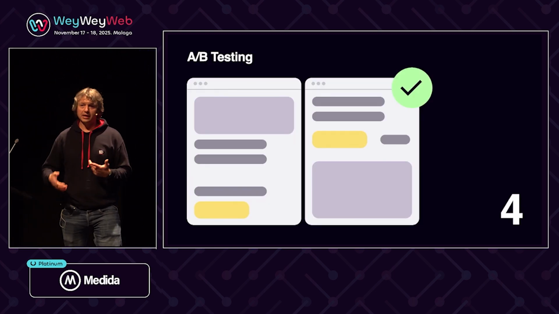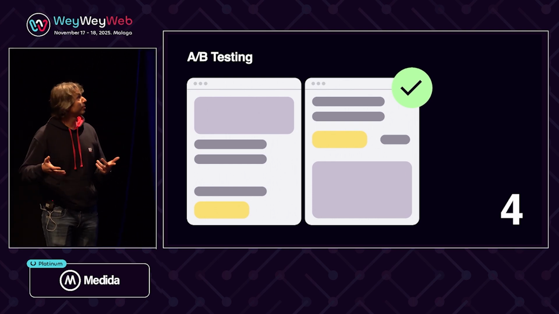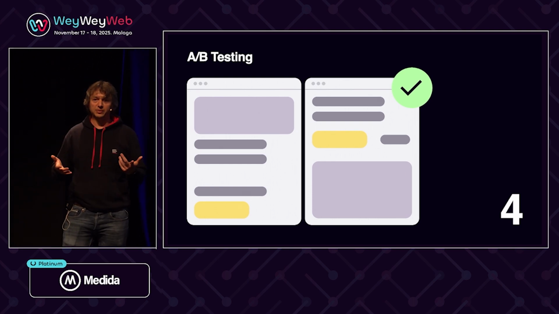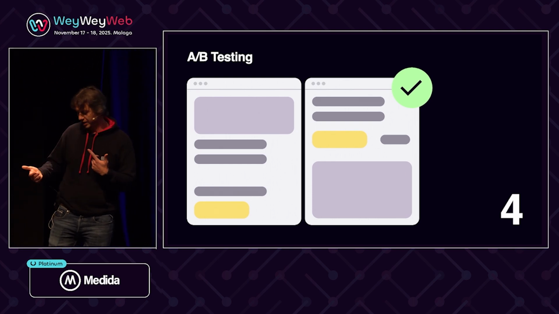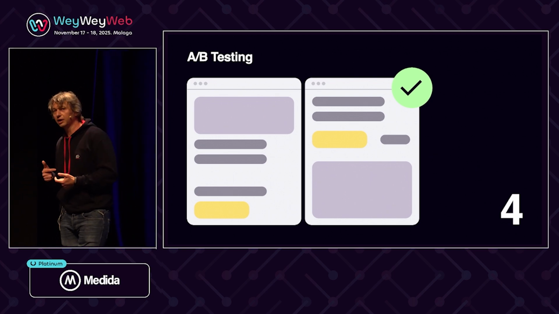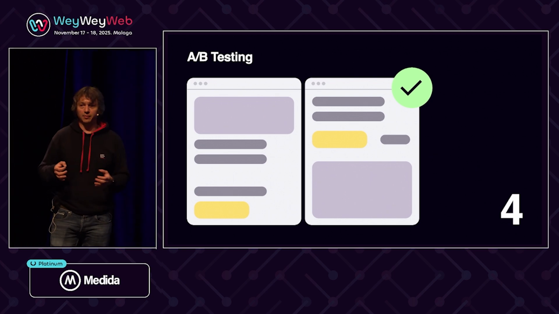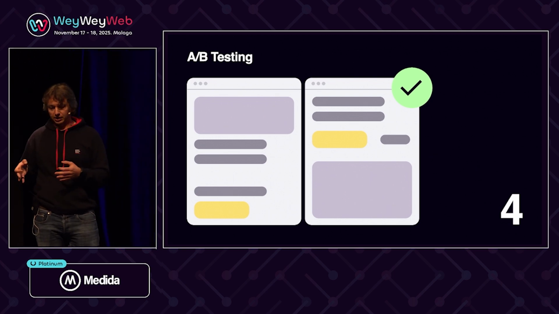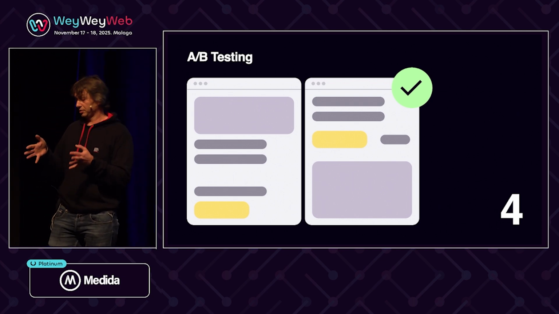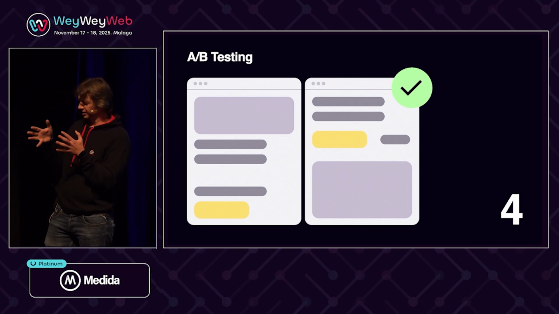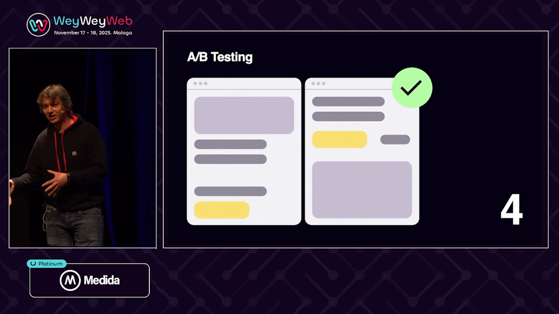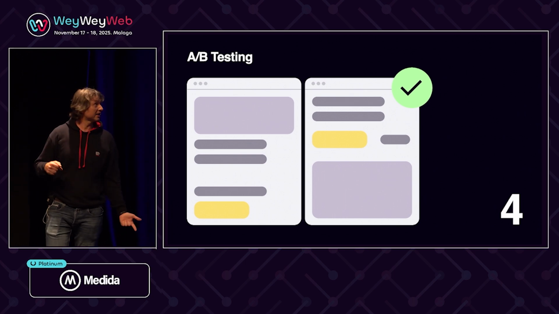The next kind is A/B testing. This is probably the kind of experiment that first comes to mind when we think about product discovery. And this is, I think, probably the most scientific one, with target group, control group, statistical significance.